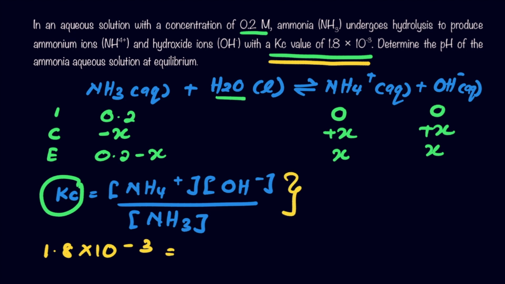So we are going to use x squared divided by 0.2 minus x.